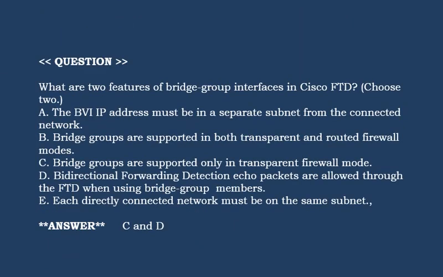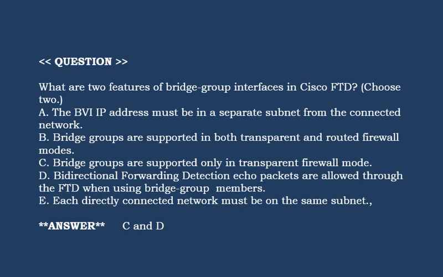Next question is, what are two features of bridge group interface in Cisco FTD? Choose two options. Option A. The BVI IP address must be in a separate subnet from the connected network. Option B. Bridge groups are supported in both transparent and routed firewall modes.